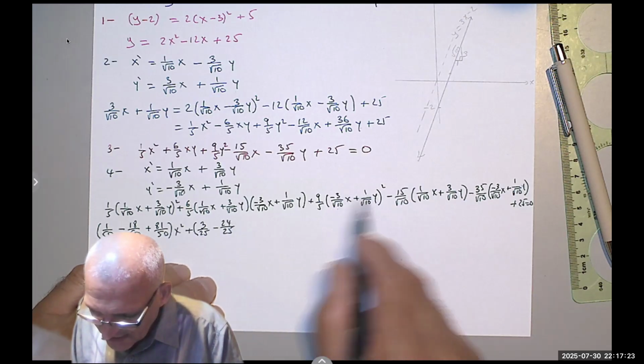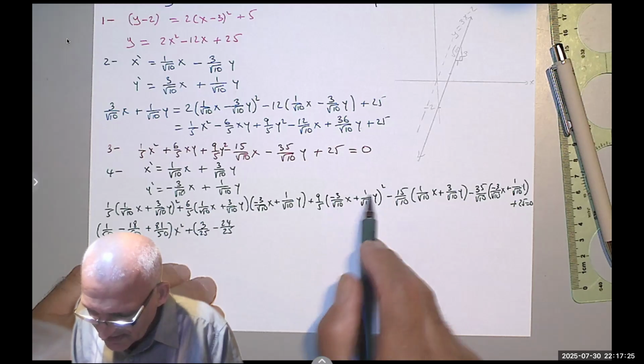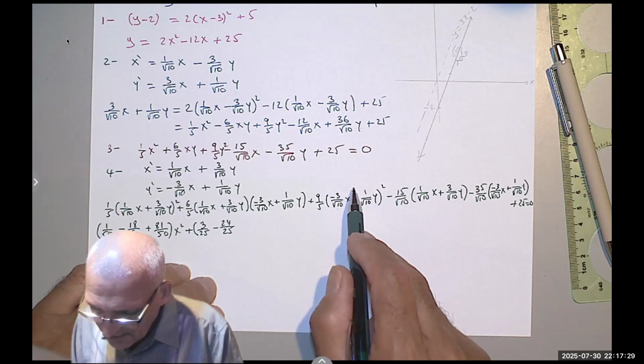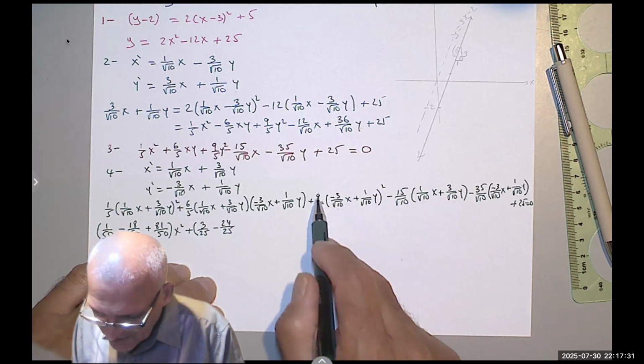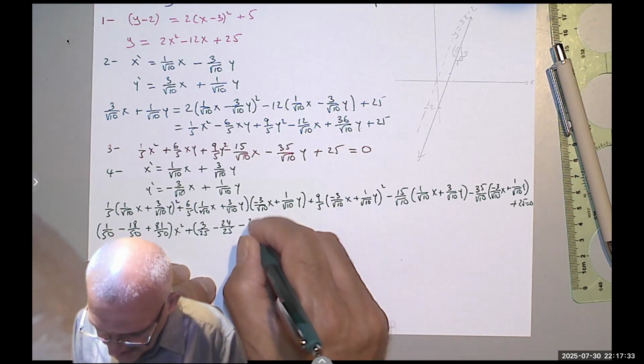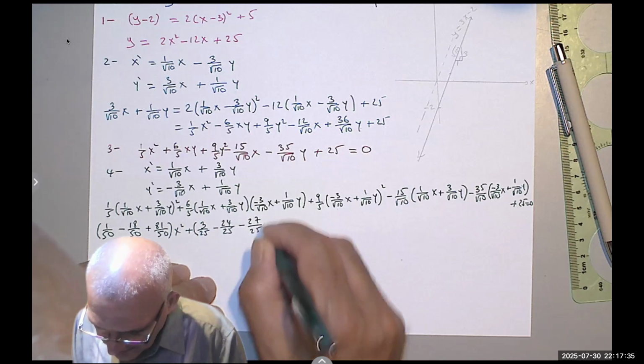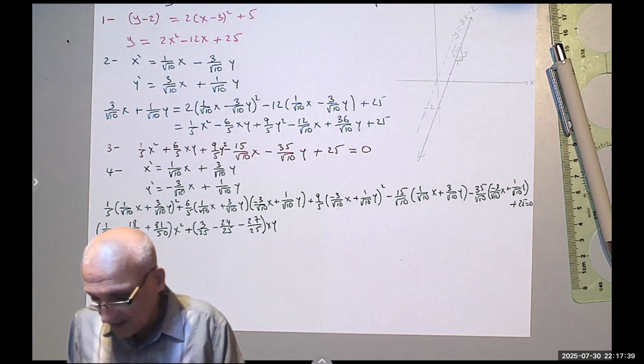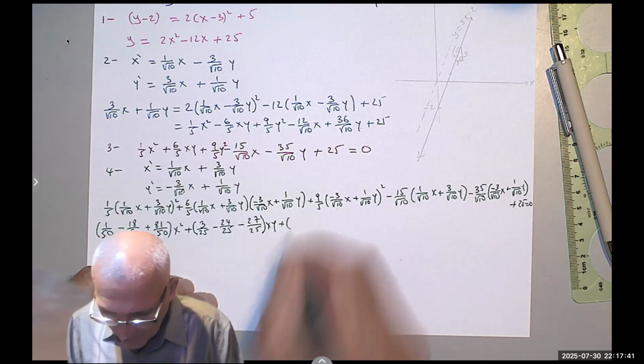Here I have a term in xy, which is twice the first times the second, which is negative 6 over 10 or negative 3 over 5 times 9, so negative 27 over 25 xy. Then I'm going to look at the y squared.